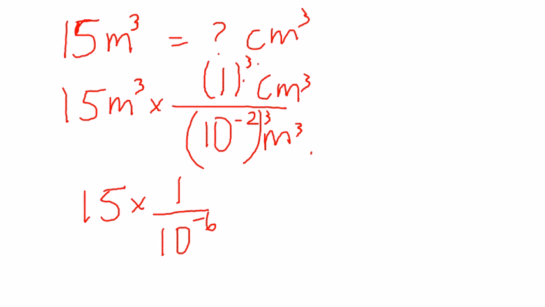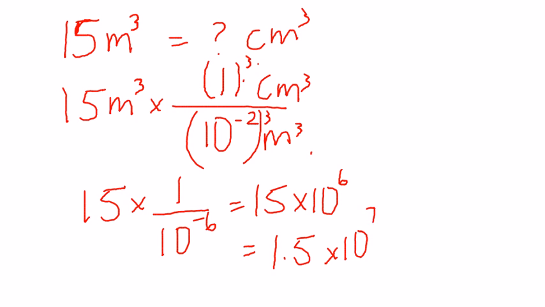Dividing by 10 to the negative 6 is actually making something bigger by a factor of 10 to the positive 6. So dividing by 10 to the negative 6 is actually equal to multiplying by 10 to the positive 6. And if we're going to put this in scientific notation, it's 1.5 times 10 to the positive 7 centimeters cubed.